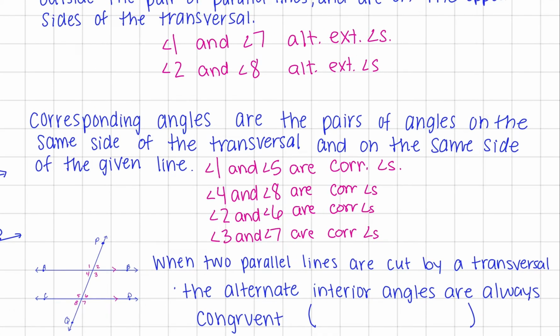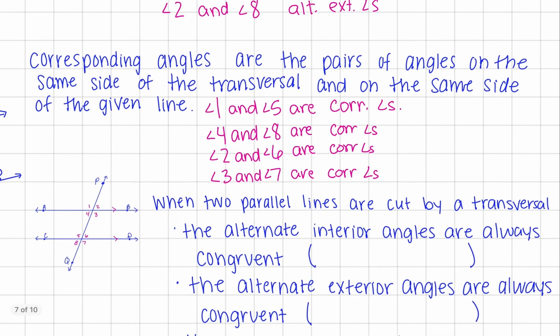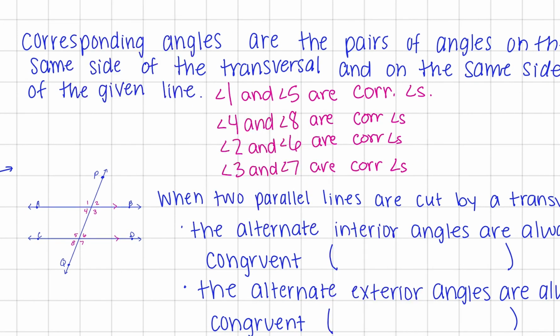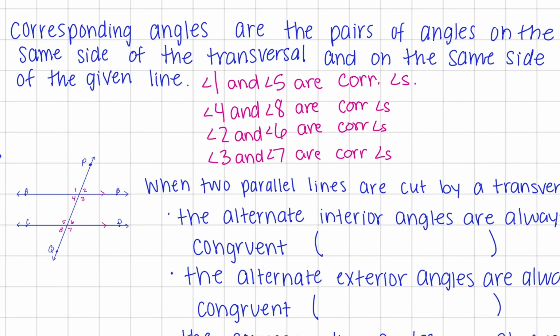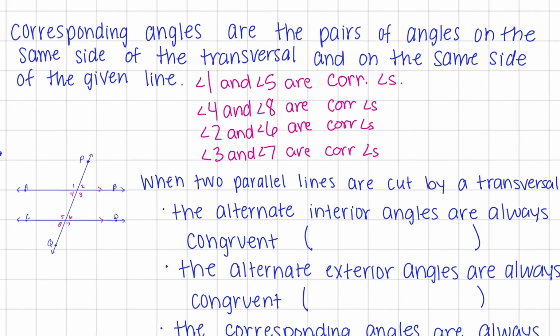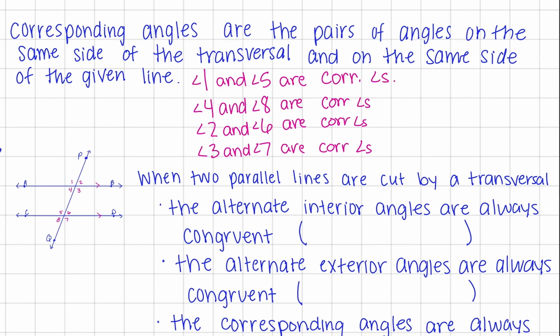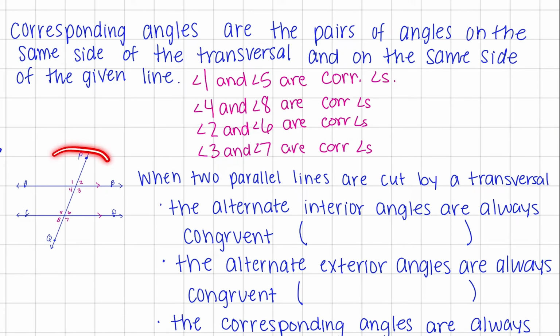All right. Now, when two parallel lines are cut by a transversal, okay, the alternate interior angles, which remember we talked about, and this is just a smaller drawing of what you did up there. Okay, but the alternate interior angles are always congruent.